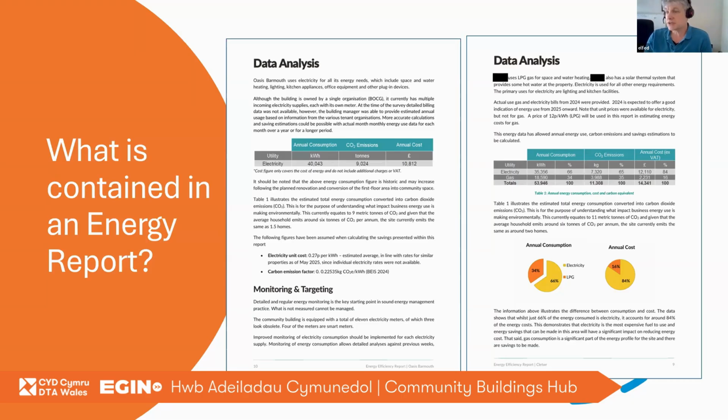So if we're recommending something like a heat pump, which uses electricity, we need to make sure that we're making enough savings on their electricity bill to justify the slightly extra cost of using electricity as a heating solution. And that's very, very doable, by the way. But that's what we're trying to get from these reports: a sense of where you're getting energy from, where your emissions are coming from as well, so that we can then make recommendations about changes to your building.